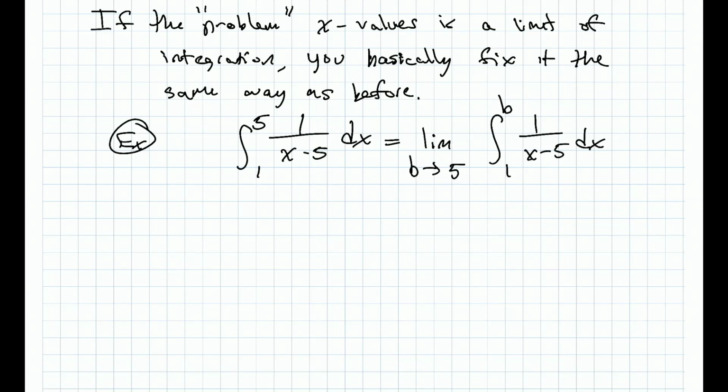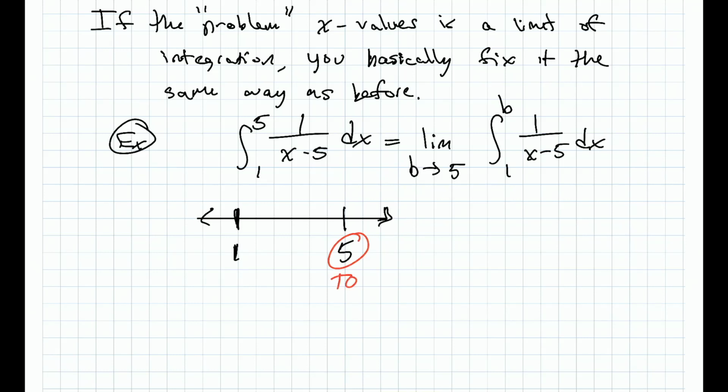So that looks the same as what we did for the other type of improper integral. But the thing we have not done yet is this. On a number line, you have 1 and you have 5, and we need to avoid 5.